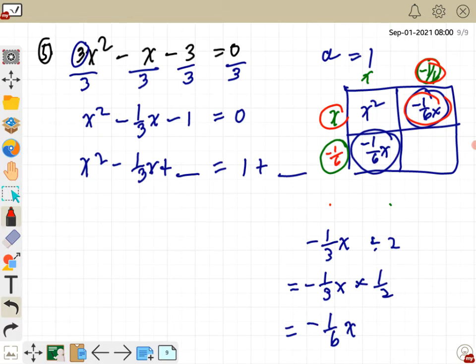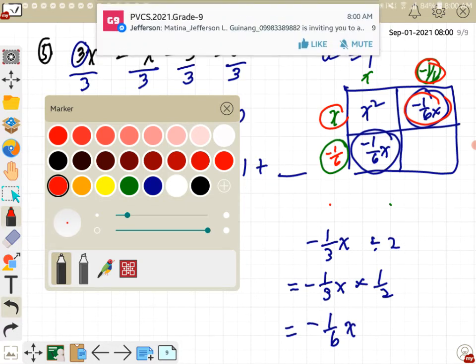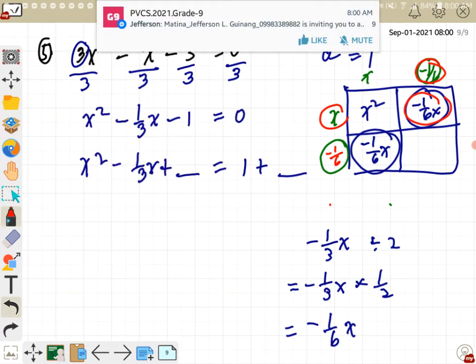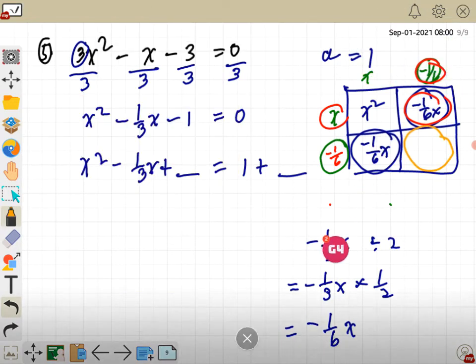In turn, to get our final space for this one, we need to multiply negative 1/6 and negative 1/6, and that is positive 1/36. Okay, so our square is now completed, so that gives us 1/36.